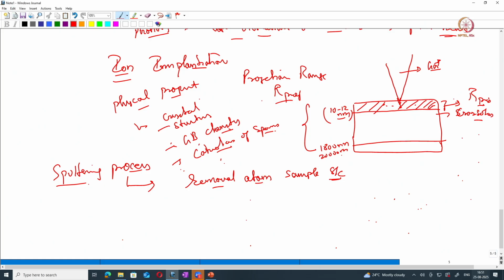It is a type of displacement where the atoms near the sample surface get displaced to the environment.